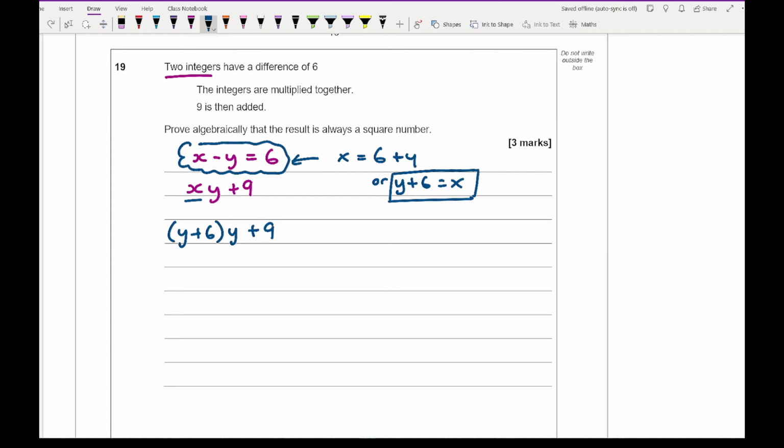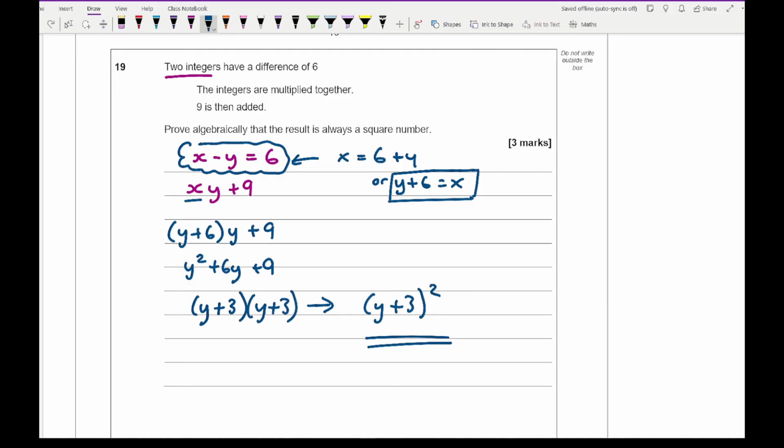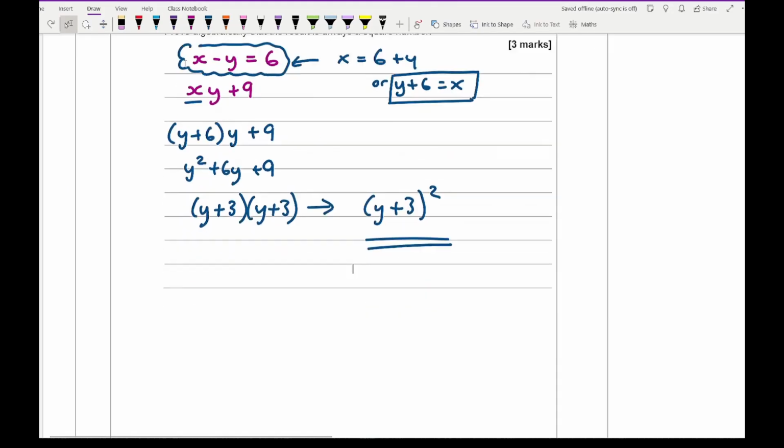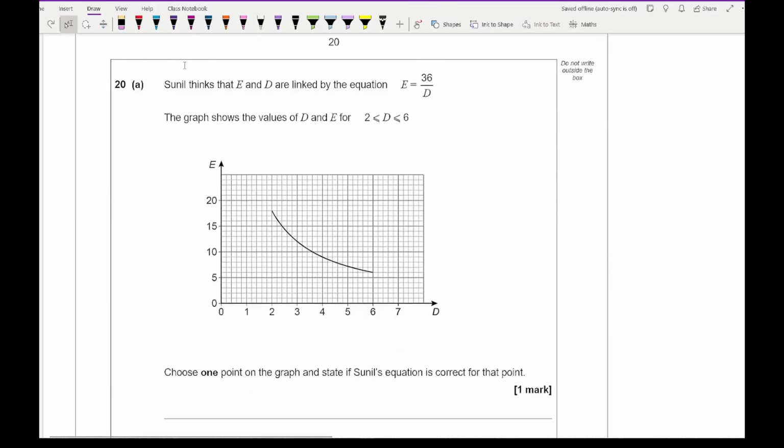Let's simplify this. We get y squared plus 6y plus 9. Then I factorise this, in which I get y plus 3, y plus 3, which ultimately becomes y plus 3 squared. And there we've proved that it's always going to be a square number for whatever value y is, because when you add 3 and then square it, it's always going to give you a squared answer.